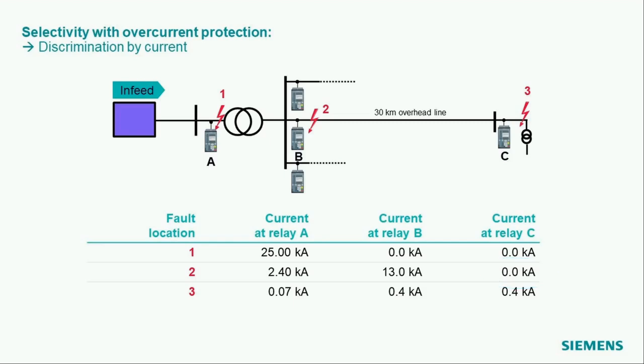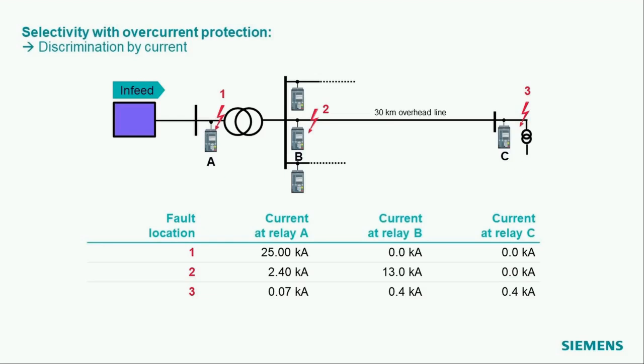If we have a fault at the very end of the whole story, relay at location A sees only 70 amps, relay at location 2 sees only 4 kiloamp, and the last relay C also sees 0.4 kiloamp.